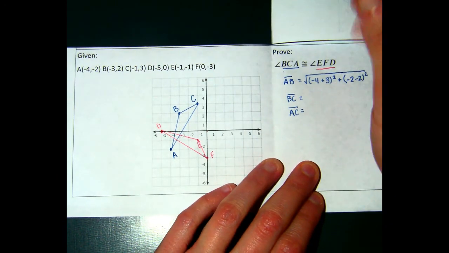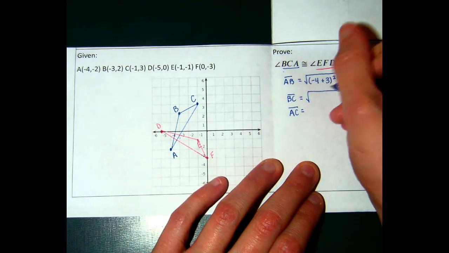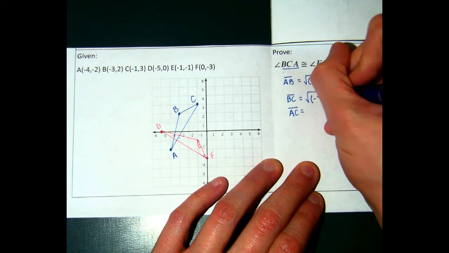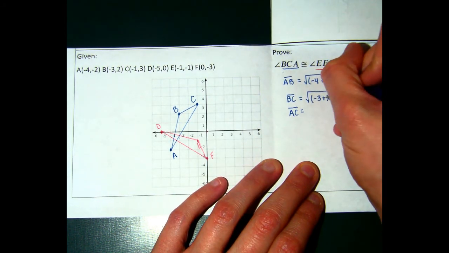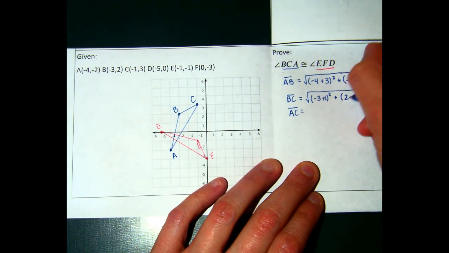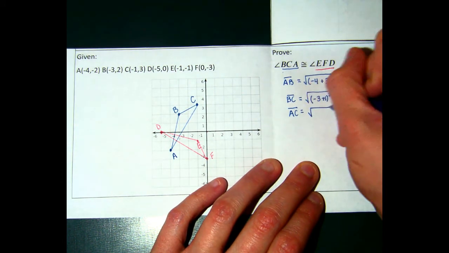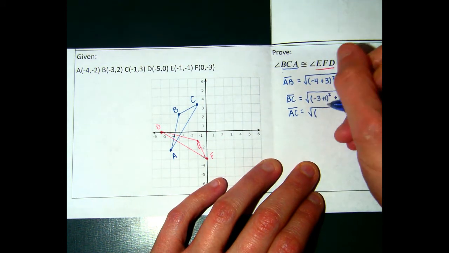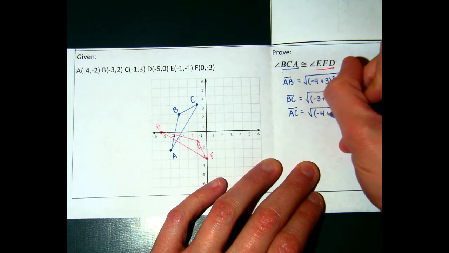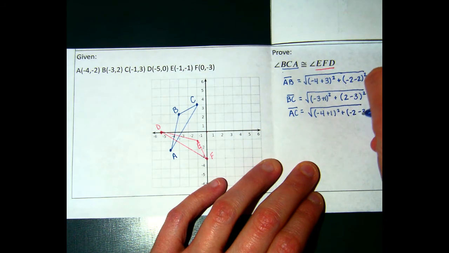You can see them all now. Okay. BC is -3 plus 1 because it's a negative, squared, plus 2 minus 3 squared. And AC is negative 4 plus 1 squared plus negative 2 minus 3 squared.